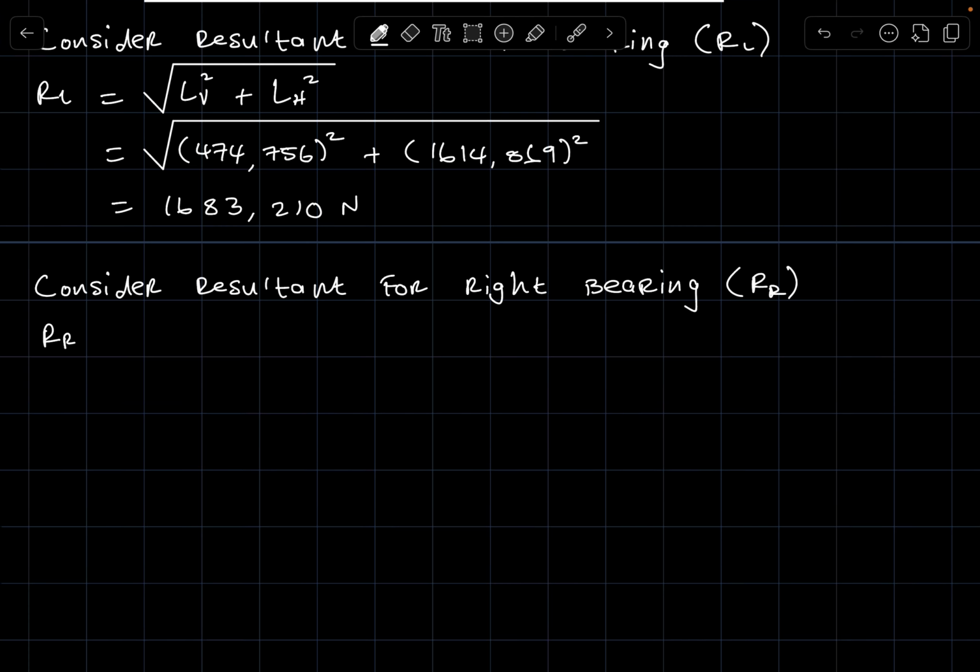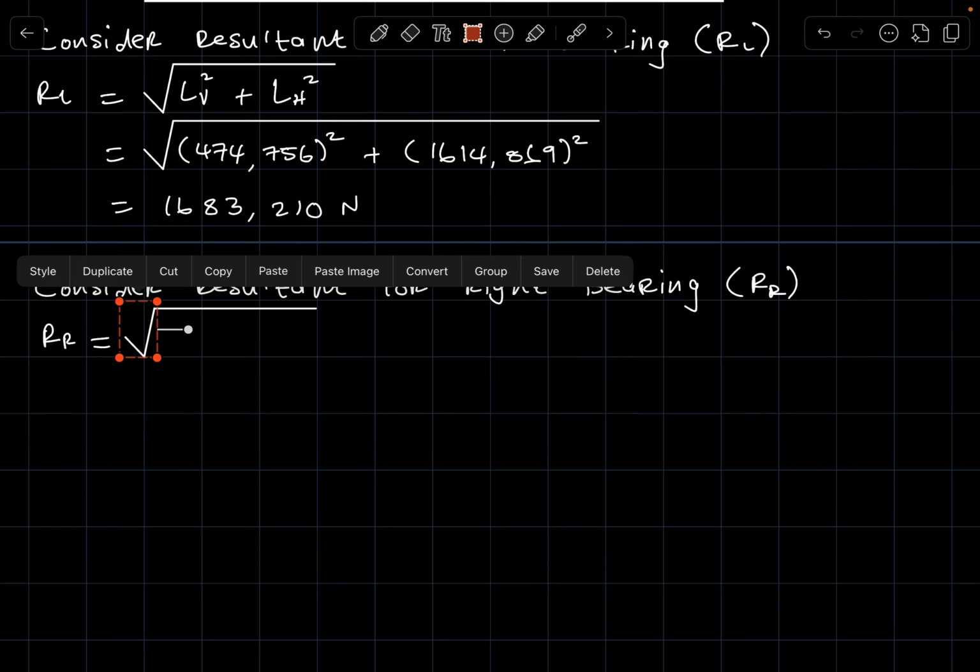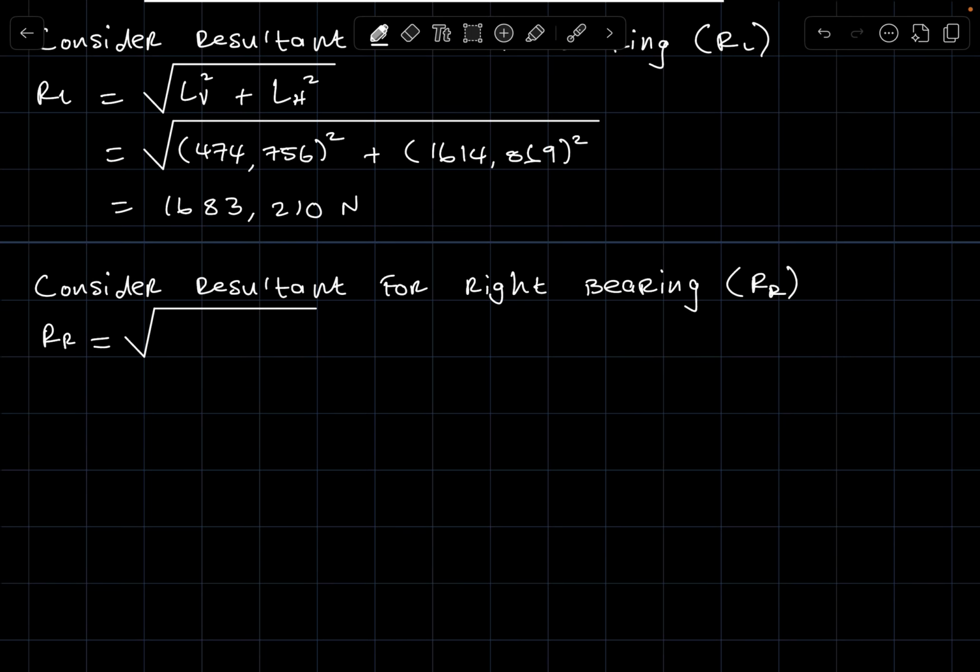To calculate RR, you simply again apply Pythagoras. So this will be the square root of RV squared plus RH squared.